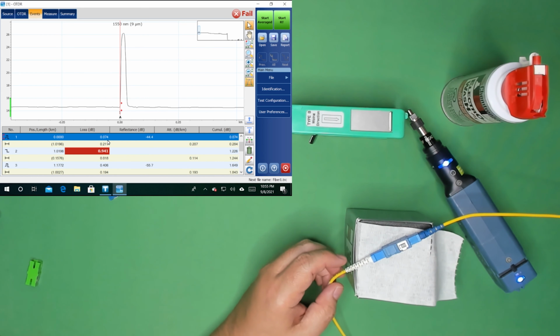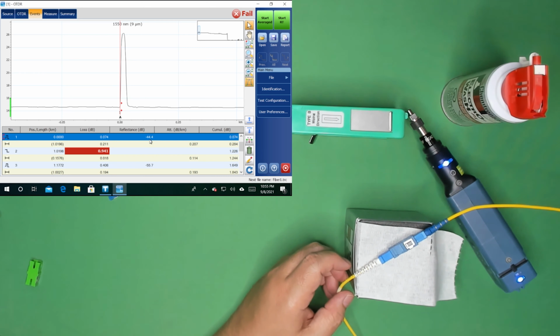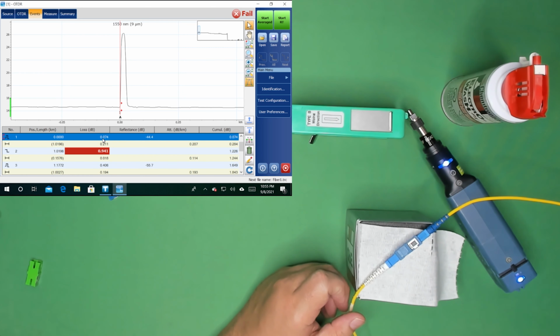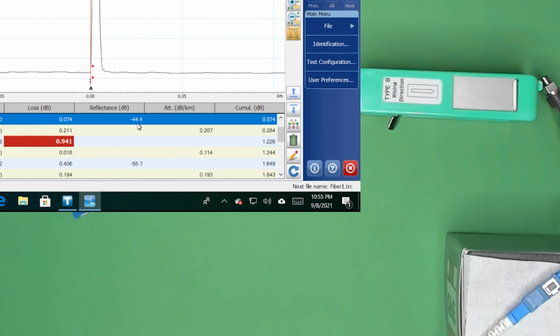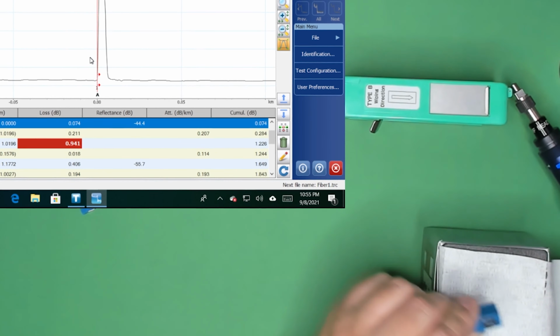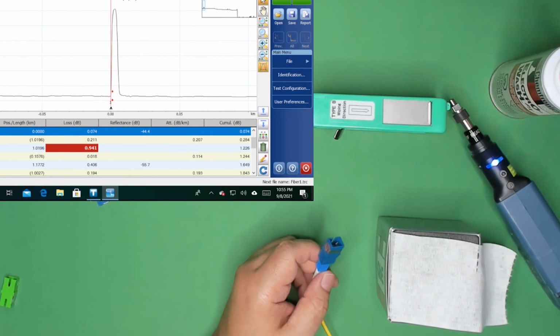It's a UPC connector. And it's kind of hard to see here, but it's 0.07 dB of loss, so not a lot of loss, negative 44 dB of reflection. Not terrible, but not great, right? Not great. The taller this spike, the worse the reflection is. So I'm going to take it apart here real quick. I'm going to fire up Connector Max.